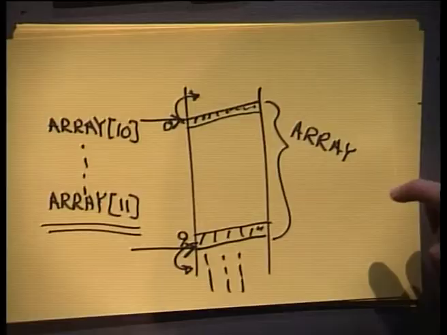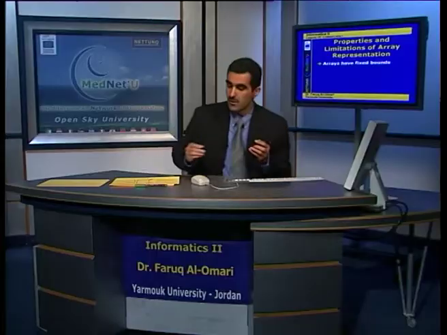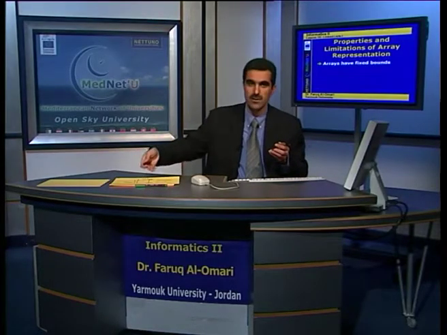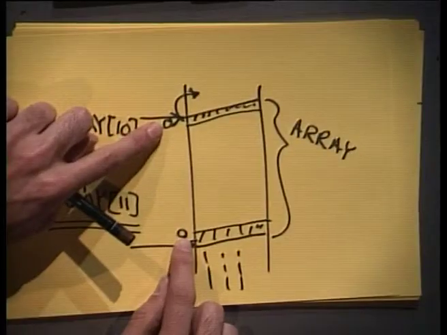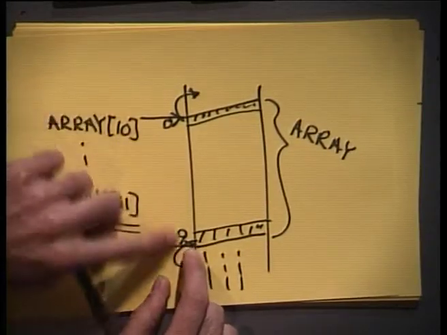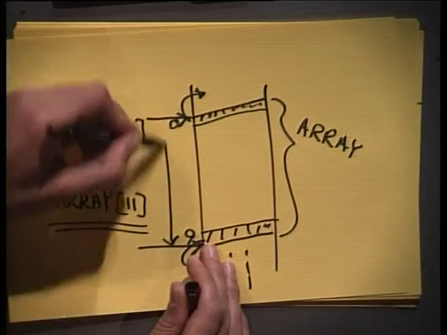There are no guarantees what kind of data you have in there, and there are no guarantees that you're not destroying the data located in these locations. So you cannot go beyond the scope of your array. You always play within your bounds.